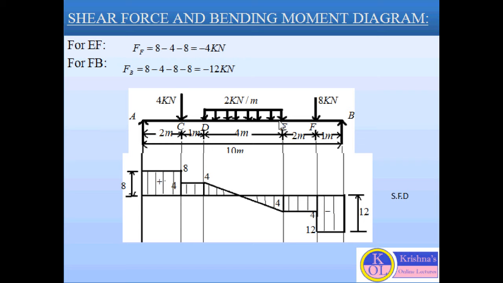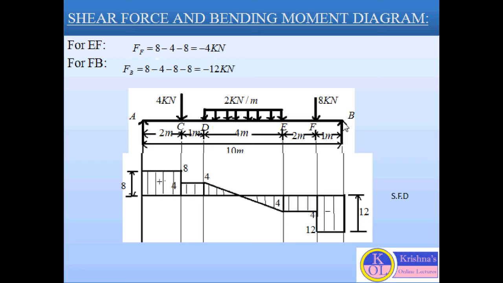Similarly, at EF, we already got the value of shear force at point E. Now the shear force at point F will be 8 minus 4 minus 2 into 4, that is minus 8. So the value of FF will be minus 4 kilonewton.